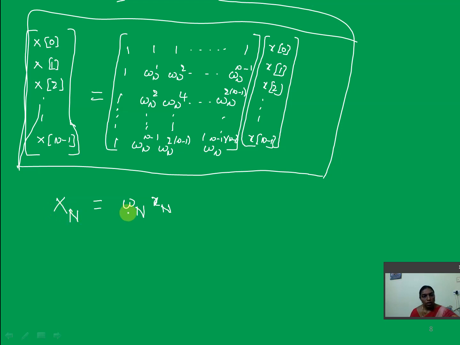Now W_N is nothing but the linear coefficients, the twiddle factor values, which form an N by N matrix.